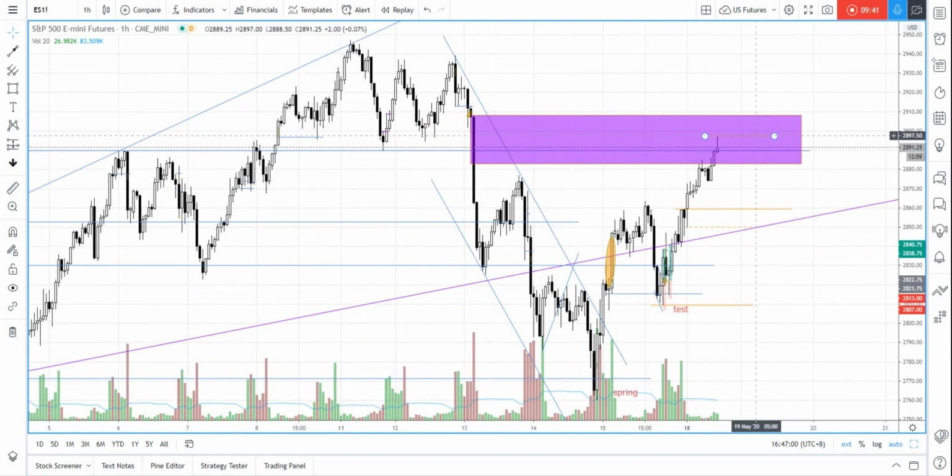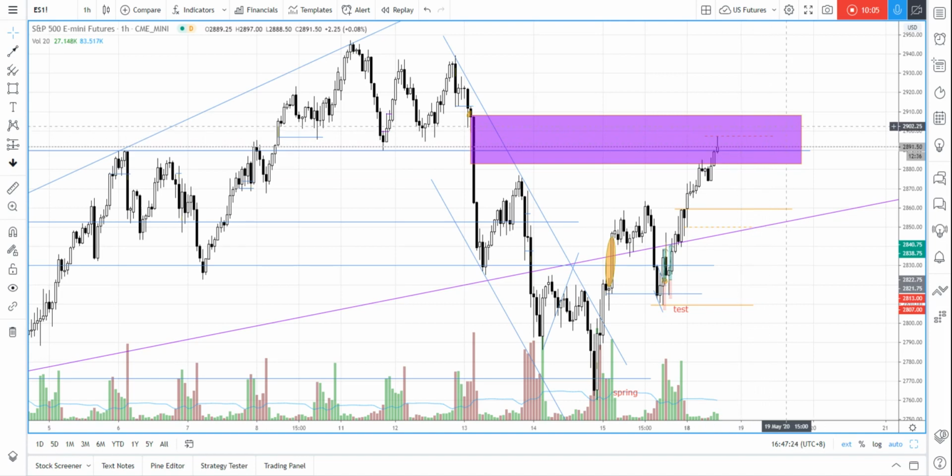So if it does have a reversal here, then this is one of the resistance zones that we can pay attention to. If it does get rejected and also has a reversal signal, then probably we can initiate a short entry around this area.